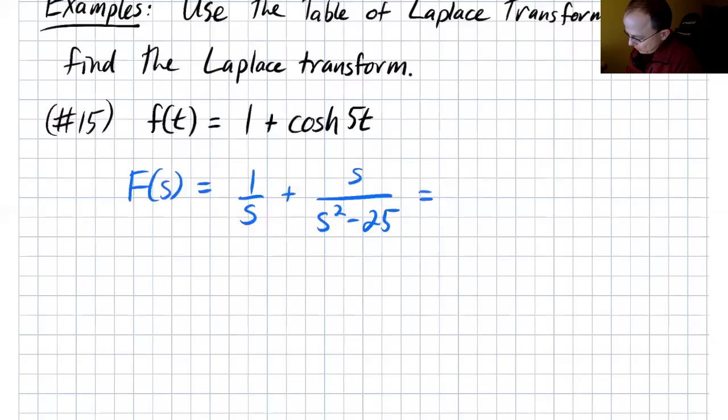Okay, and we can combine these together. So we can get s squared minus 25 plus s squared over s times s squared minus 25.